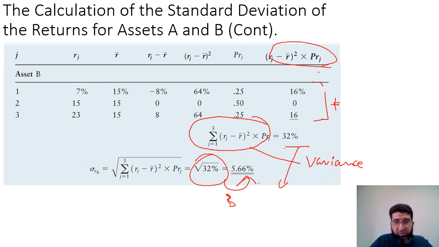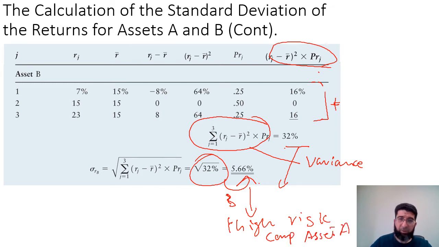So for asset B it is 5.66%, for asset A it is 1.41%. So asset B has high risk compared to asset A, although their average returns are the same.